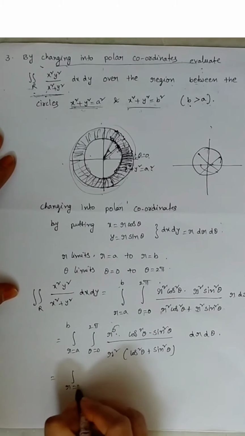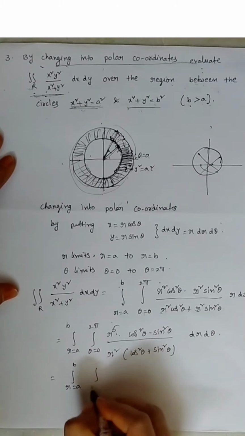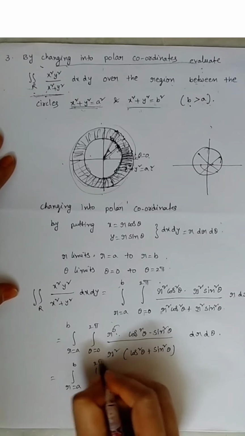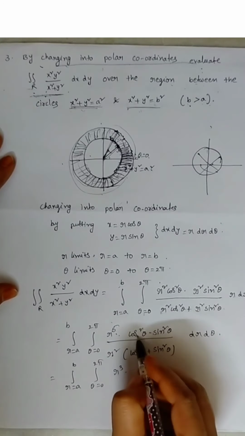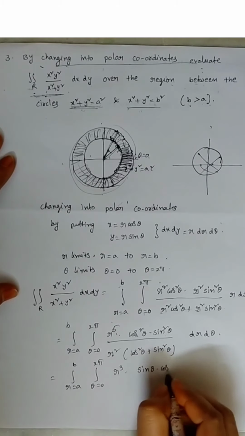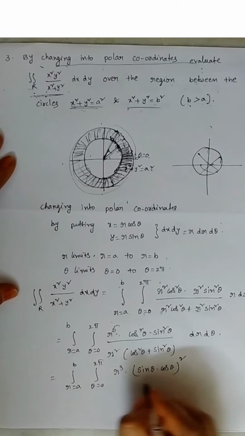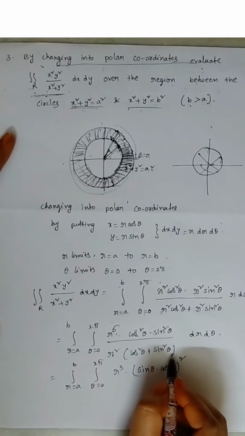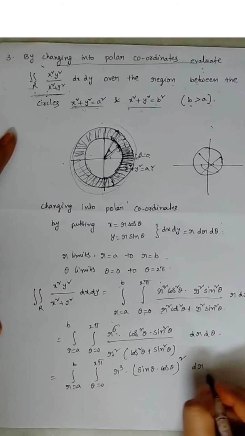So remaining is theta equals 0 to 2 pi, r cubed into cos squared theta into sin squared theta, we can write as sin theta into cos theta whole squared. Okay, cos squared theta plus sin squared theta equals 1 into dr d theta.